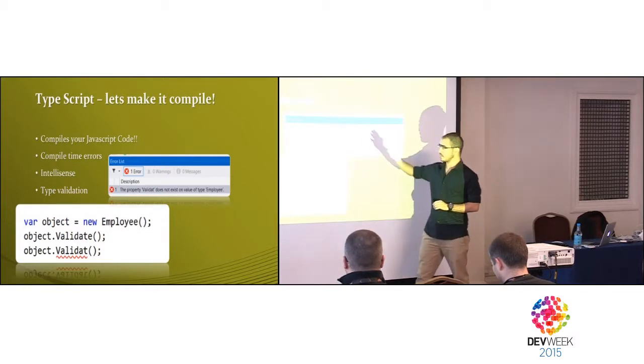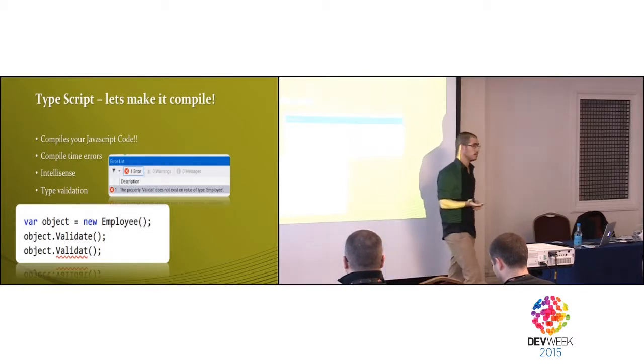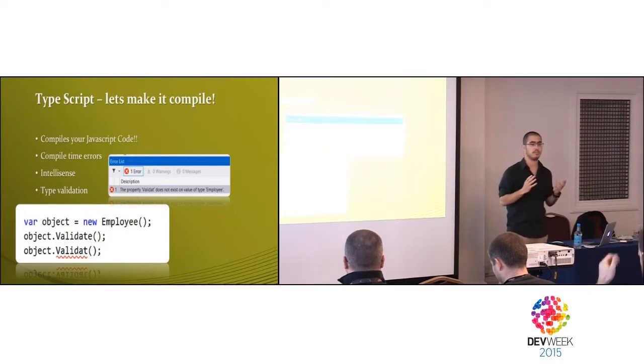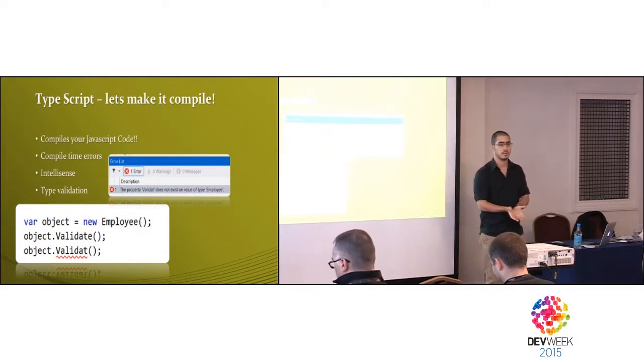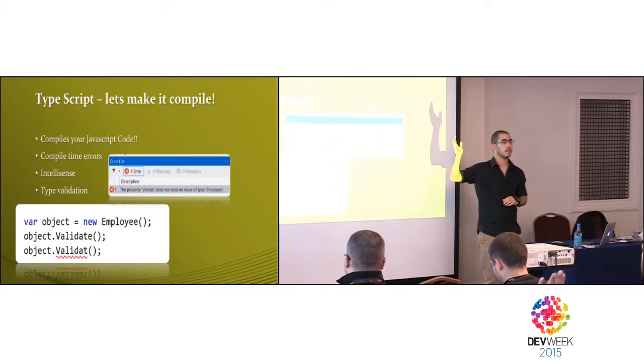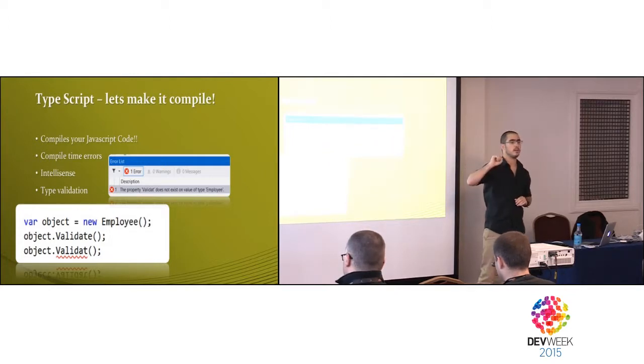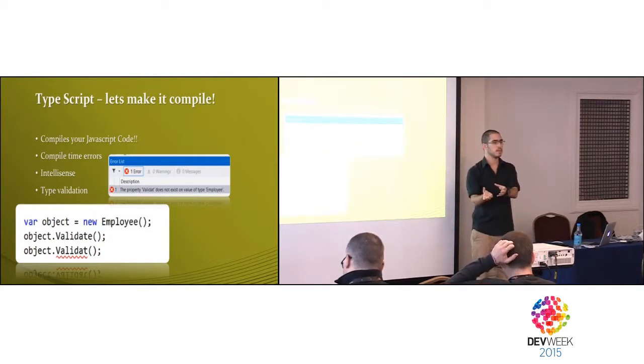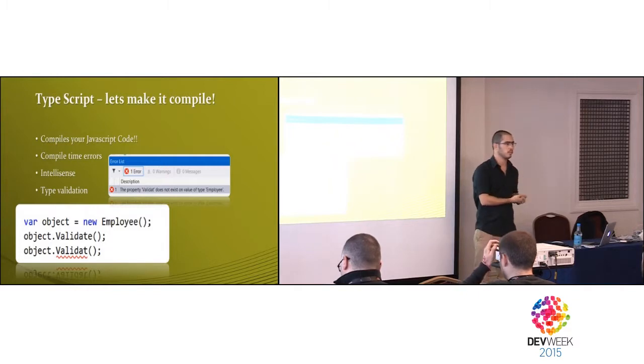The next thing is IntelliSense, so that I can see what methods there are, what properties I can access, what parameters I should send to a method, and what I expect to get. How many of you have used JavaScript for a while? Yeah, so if you use an API and you call a certain method, how do you know which object you are getting?